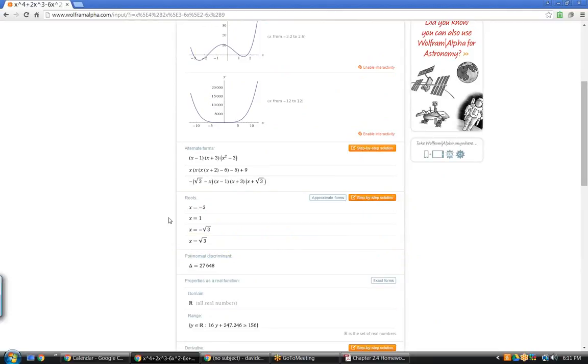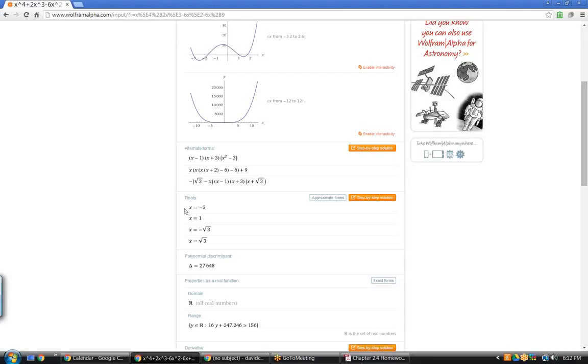You can see that we have 2 rational roots, and you can see that we have 2 irrational roots. And irrational roots are a lot like complex roots in that they always come in pairs. I'm 99% sure of that. I think they always come in pairs.